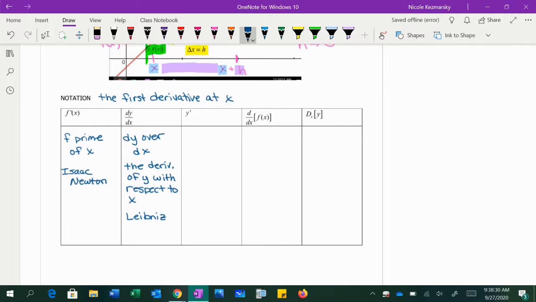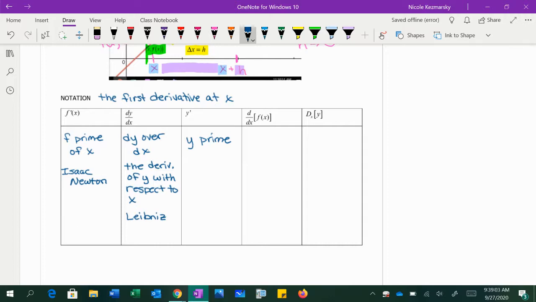Isaac Newton is generally recognized as the father of calculus, but Leibniz was the other one. He approached this from a local linearity perspective, where Isaac Newton approached it from a different perspective. A lot of times when you see the function y, you'll either see dy dx as its derivative, or you'll see y prime.